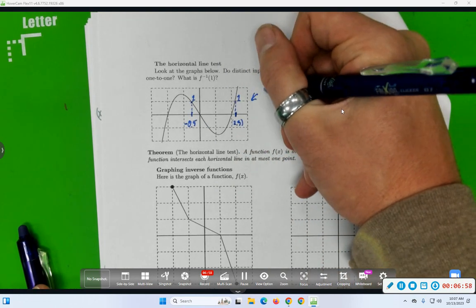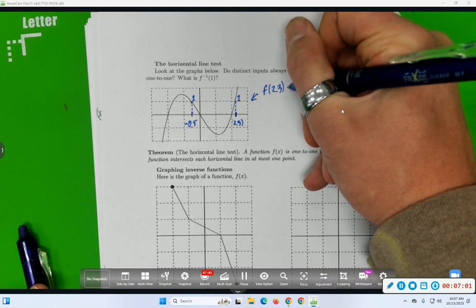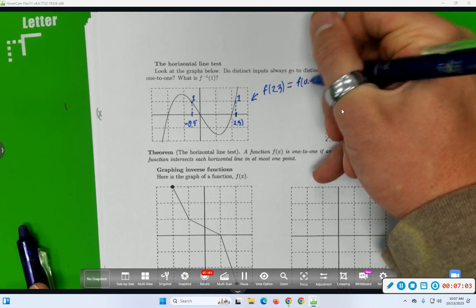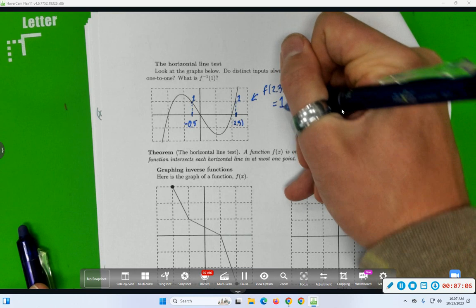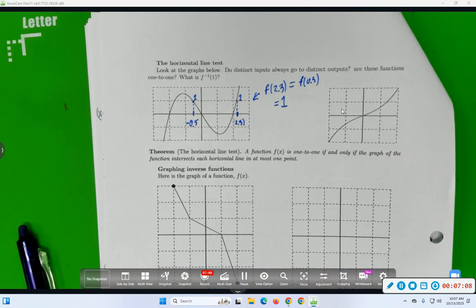So it sure looks like f of 2.3 is exactly the same as f of negative 0.5. They're both equal to 1. So is that function one-to-one? No. There exist at least two inputs that both go to the same output. Is that the only choice of inputs you could have used? No, there are a bunch, right? I guess like 0 and another place where it crosses the x-axis also work. I don't have the picture in front of me.